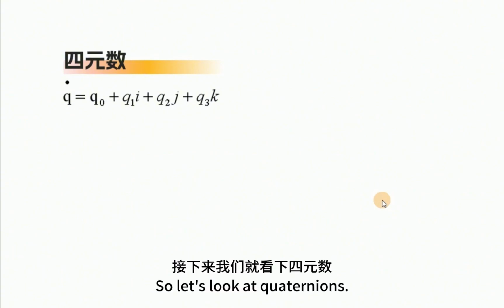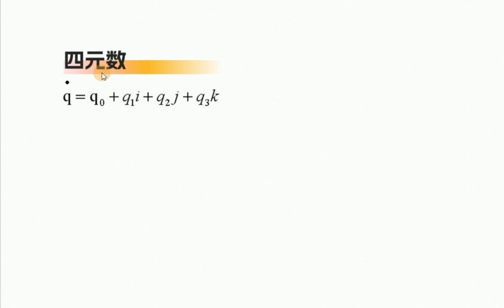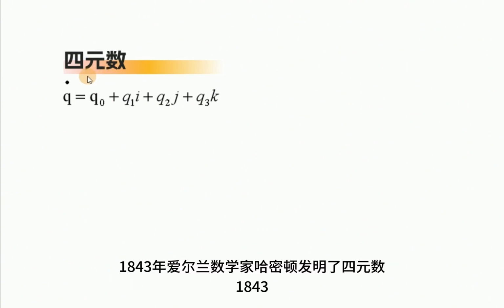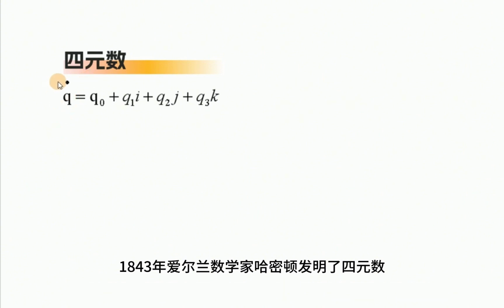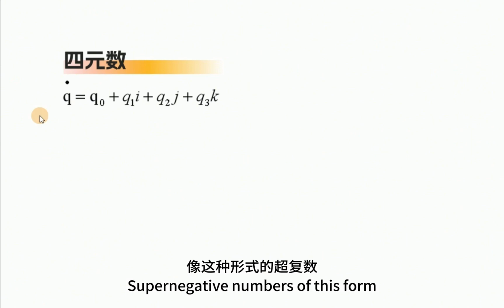So let's look at quaternions. In 1843, the Irish mathematician Hamilton invented quaternions, hypercomplex numbers of this form.